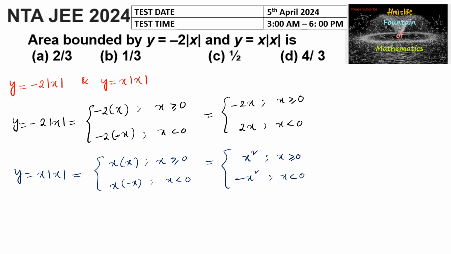And now here we can see the graph of these two functions. y equals 2x when x is less than 0. So we can get the graph: when x is equal to negative 1 it is negative 2, when x is equal to negative 2 it is negative 4, means you are getting the graph this way.